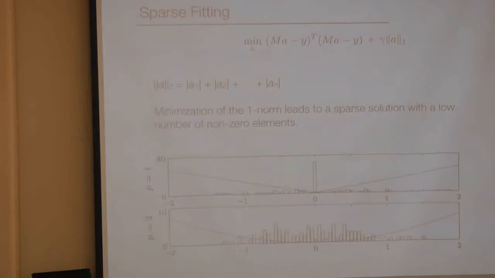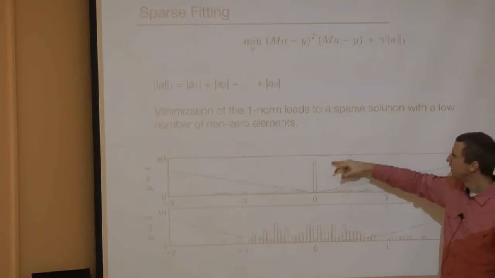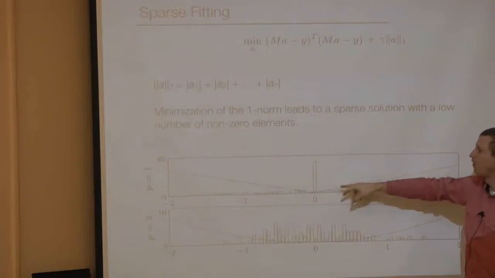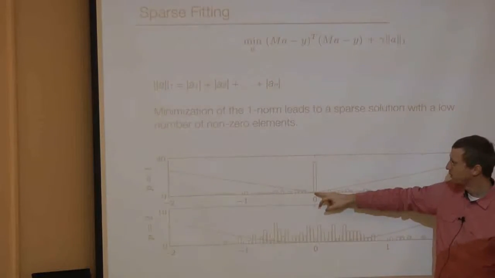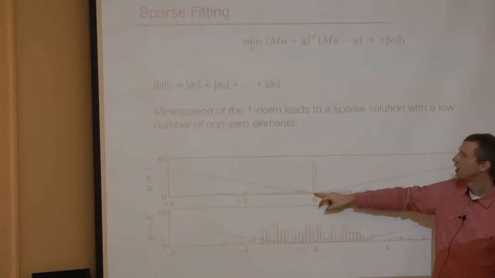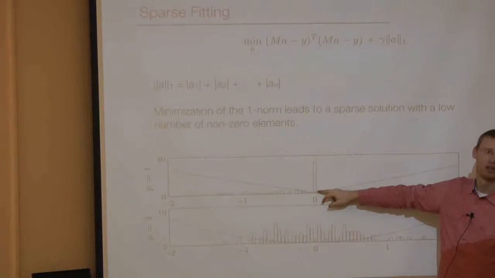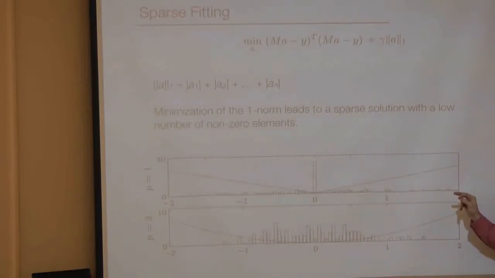So what we are looking at here is an instance of a problem of this form, and this is the histogram which says how many of those A coefficients have corresponding values. By minimizing the one norm, a large portion of those coefficients are 0. And there is the other portion, they are this big.